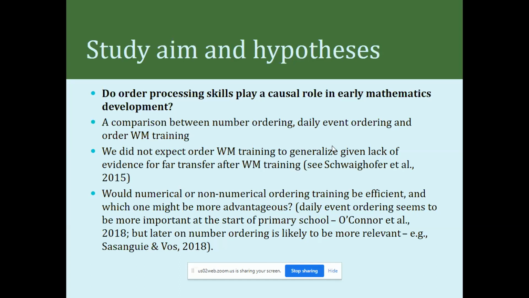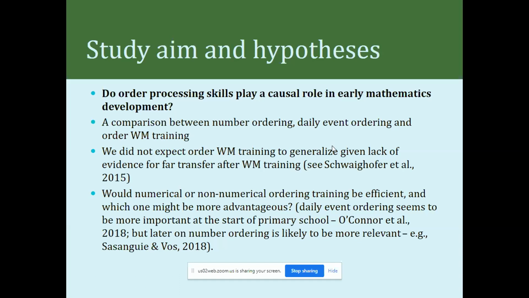I just want to say in advance, we didn't expect that working memory training would generalize to maths ability, because there's quite a large literature now showing that working memory training doesn't really generalize to other skills. We just included this condition for the sake of completeness, so that we have a good coverage of potentially relevant tasks.